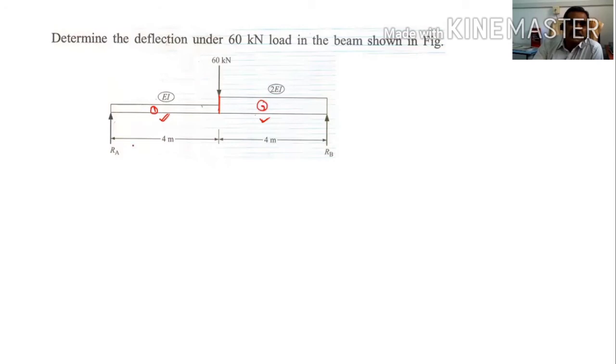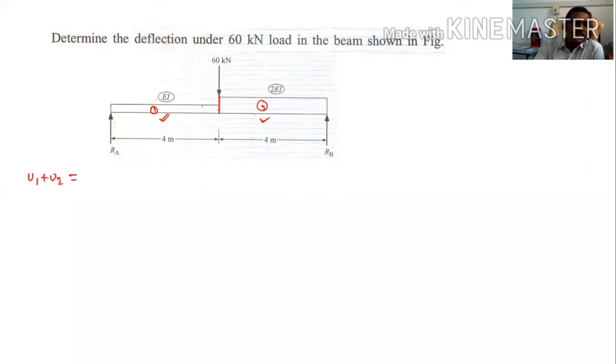The distance of section 1 is 4, section 2 distance is 4. I am calculating U1 plus U2. U1 is the energy stored by section 1, and U2 is the energy stored by section 2.